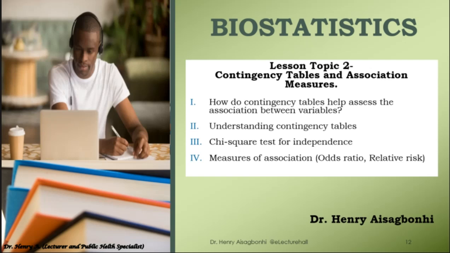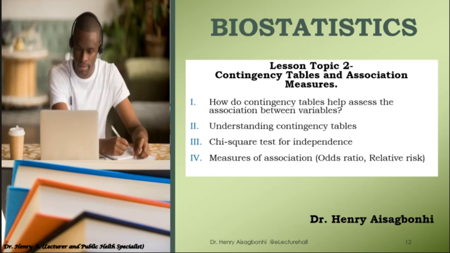Number 1, how do contingency tables help assess the association between variables? This is very important. Number 2, we will be seeing understanding contingency tables. Number 3, we will be seeing chi-square test for independence.